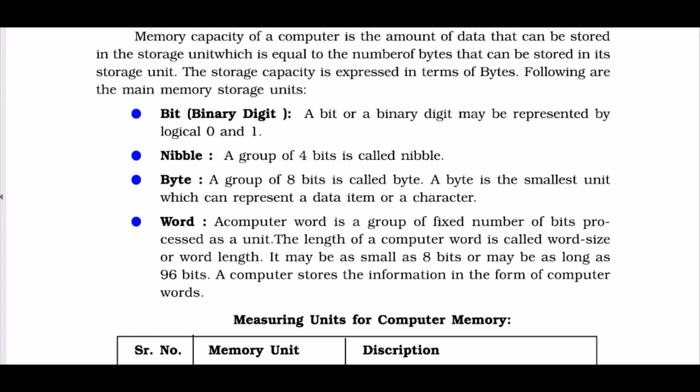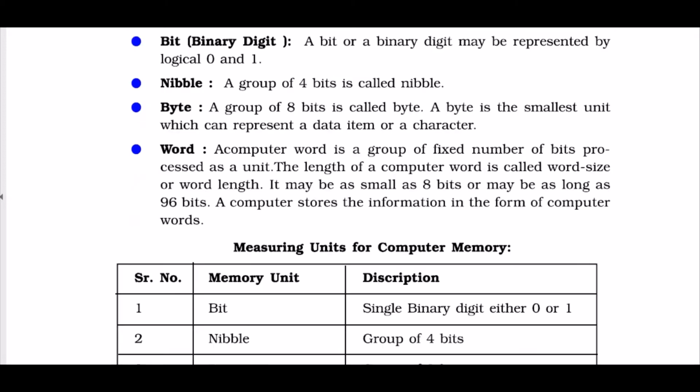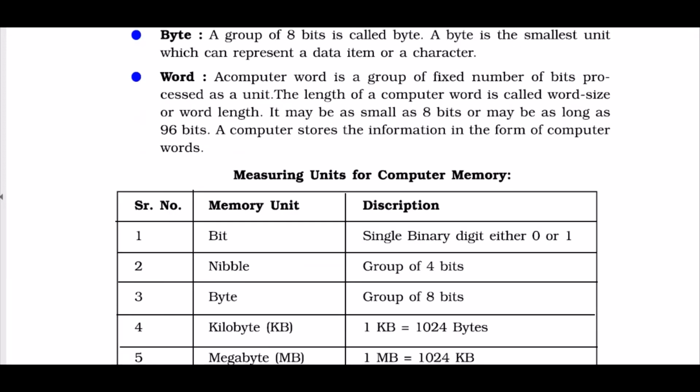Word. A computer word is a group of fixed number of bits processed as a unit. Now, what is a word? A computer word is a group of fixed number of bits. The length of a computer word is called word size or word length.